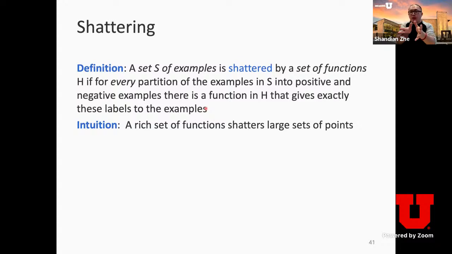So shattering is kind of an operation between 2 sets. I use a set of functions H, usually referred to as hypothesis space, to shatter another set of data points.